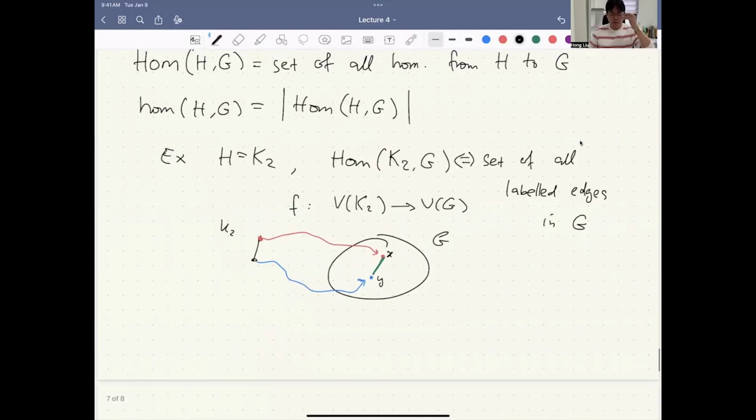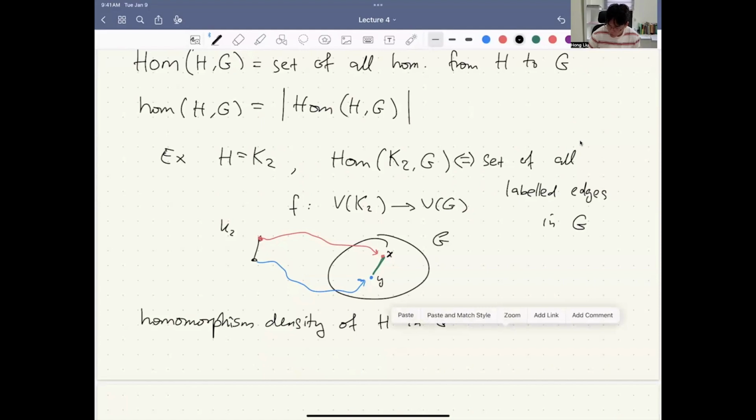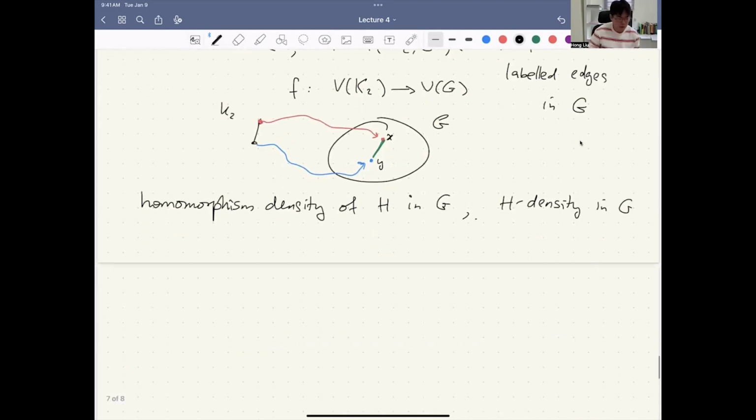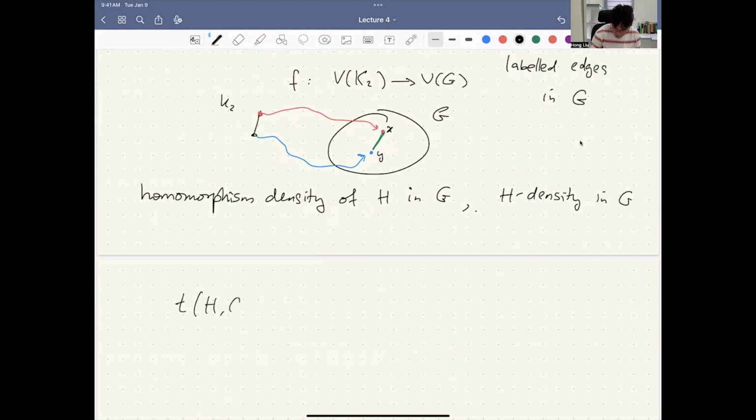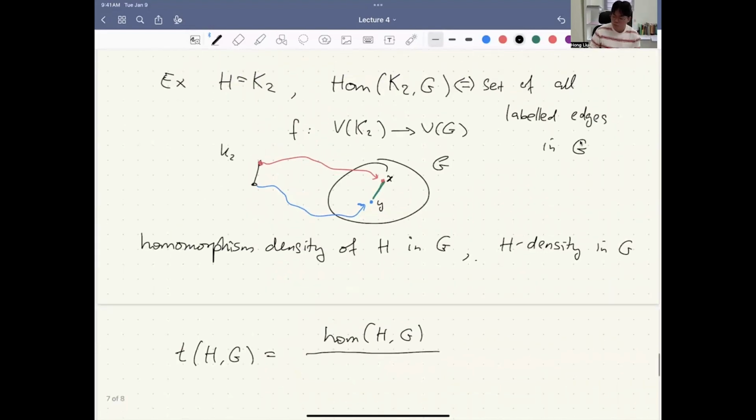Let's also normalize it to get some sort of density notation. So the homomorphism density of H in G, we also call it H density in G, let's denote it by t(H,G), is the total number of homomorphisms from H to G normalized by the total number of maps.